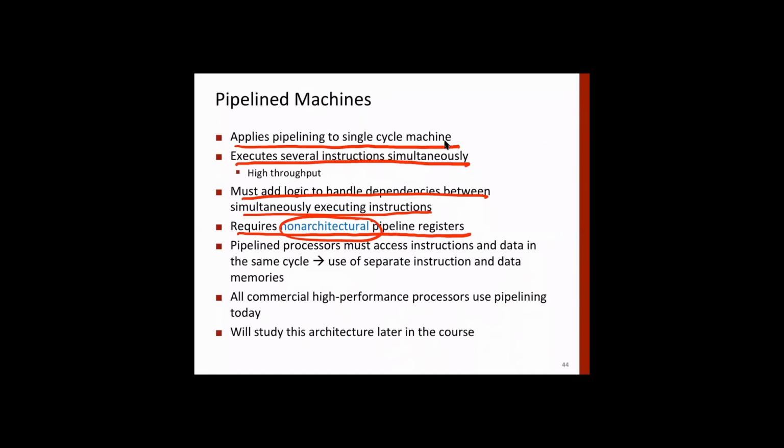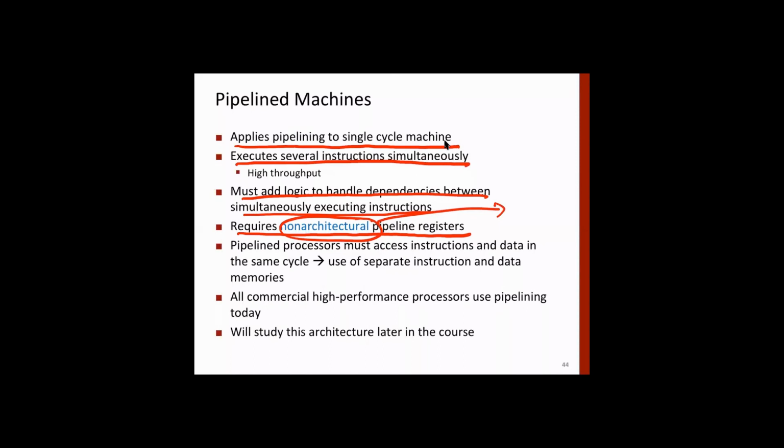Architectural registers are nothing but these 32 registers that we use, like in case of RISC-V, x0 to x31. These are called architecture registers. Now these non-architecture registers are only to keep intermediate results, or we treat them as nothing but buffers.